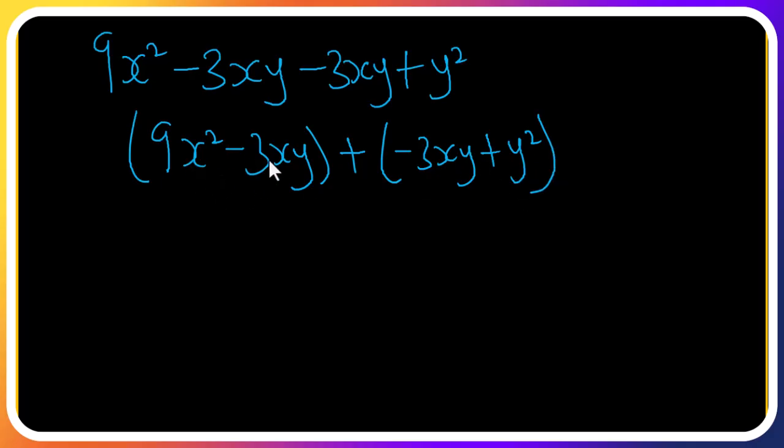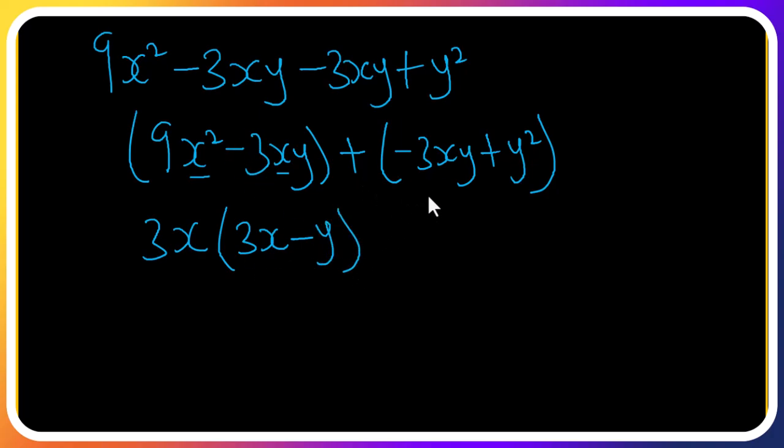So the common factor in the first bracket is 3x. So we have x, 3 into itself 1, 3 into 9 3 times. So 3x outside the bracket, 3x minus y for the first bracket.